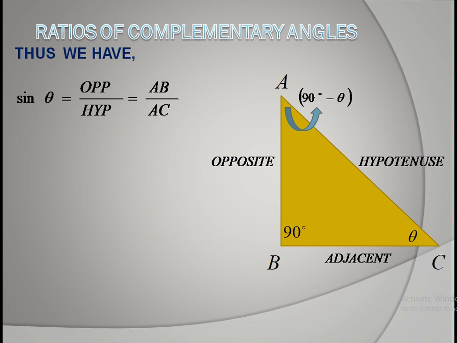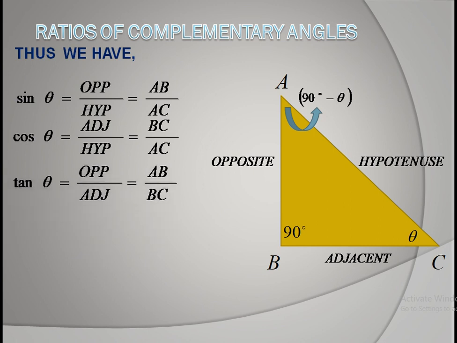Here the opposite side is AB, we see it in the figure, and the hypotenuse is AC. Thus sin theta is equal to AB by AC. Next, cos theta. Cos theta is equal to adjacent by hypotenuse. Here the adjacent side is BC and the hypotenuse is AC. So cos theta is equal to BC by AC.